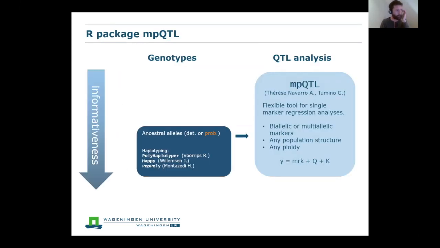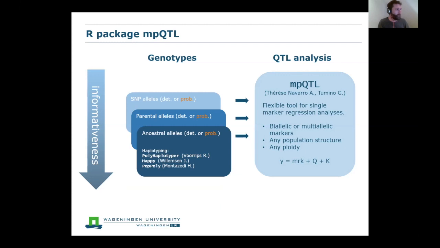But let's say if you go back towards less informative types of genotypes, we said we could have parental alleles, so considering all the parental chromosomes as different alleles with different genetic effects, or we could still use biallelic SNP alleles.